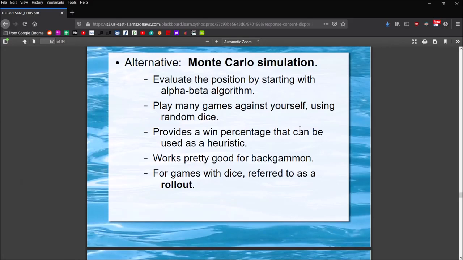So if you have the computer play against itself, and you take a little bit of the randomness out by saying, go ahead and play if they had rolled 1 out of 6, 2 out of 6, 3 out of 6, 4 out of 6, 5 out of 6, whatever. Basically just play games against yourself in a deterministic fashion. And by doing that, you can come up with a win percentage, and then you can use that win percentage as a heuristic.